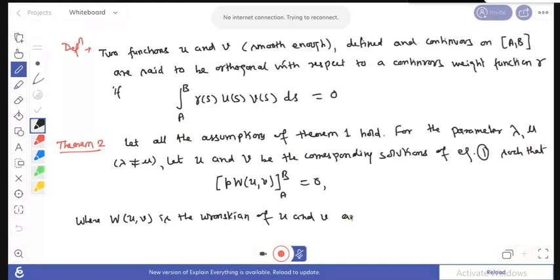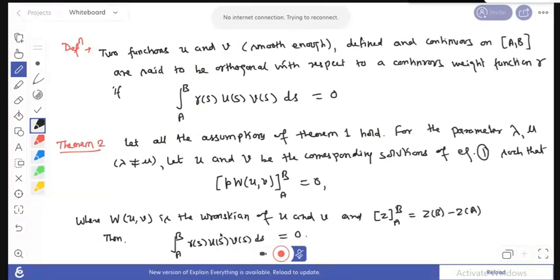And what does it mean? For any z, if we write the bracket from a to b, this simply means the functional value at b minus the value at a. Then if this condition holds, you have to prove that the integral from a to b of r with u and v equals 0.